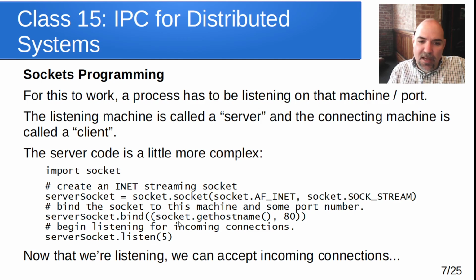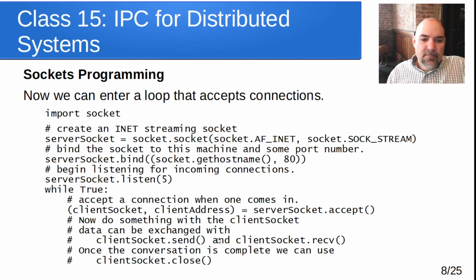So we're going to say listen on my host name for that port number for incoming connections. And then the last thing I have to do after I've bound that port is say, now listen. And this number in the parentheses there is what's called the backlog. We don't have to worry too much about that, but that's how many pending incoming connections there can be before they start getting rejected.